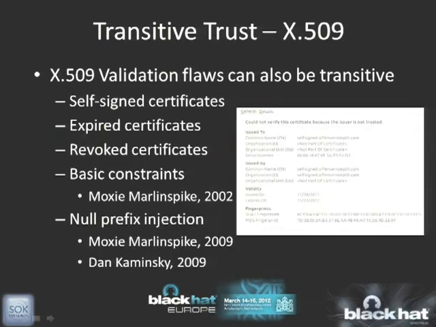There's all kinds of other flaws that can be transitive aside from just root trust. That's just one of the easiest examples to illustrate. Any case where the proxy trusts a certificate that the client wouldn't directly trust can result in a transitive trust issue. We can see this with self-signed certificates.